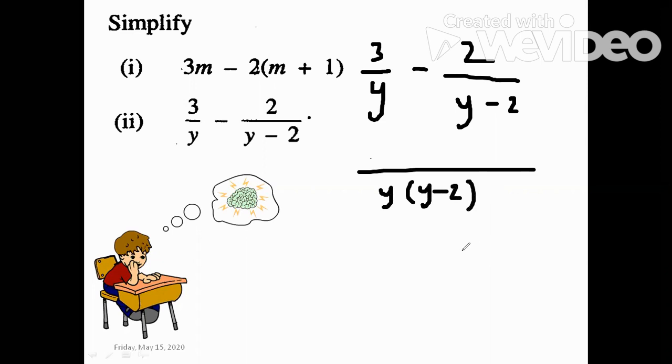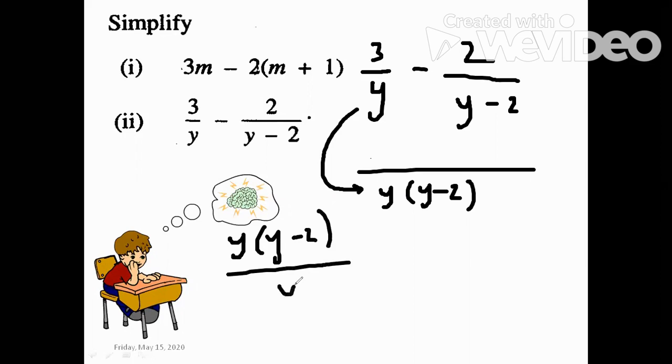And then normally we're going to say y into this LCM here. Now y into all of this, what's going to happen is that the y is going to cancel out. Let me write it. So y into this actually means y subtract 2 all over y.